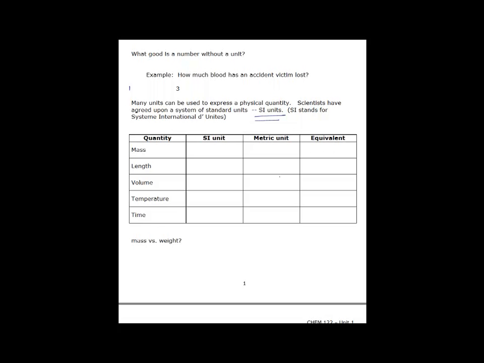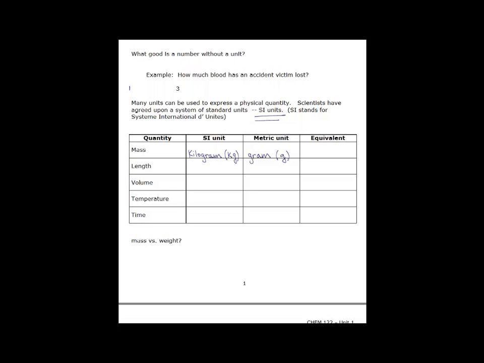So the SI unit for mass is kilogram, and it's abbreviated with a lowercase k and a lowercase g. The metric unit is the gram, and the symbol for that is a lowercase g.